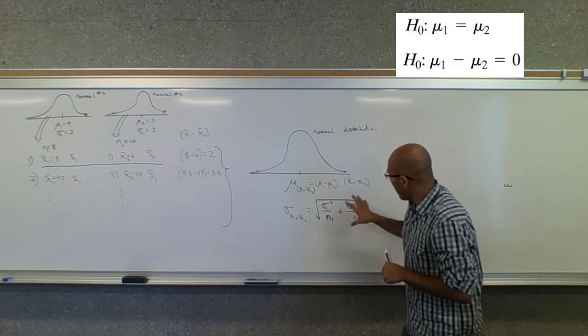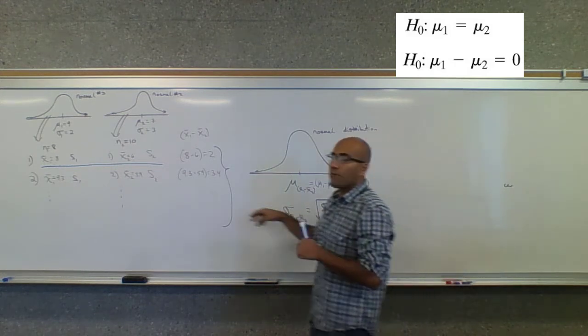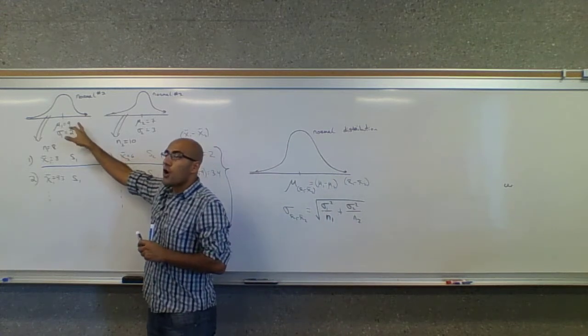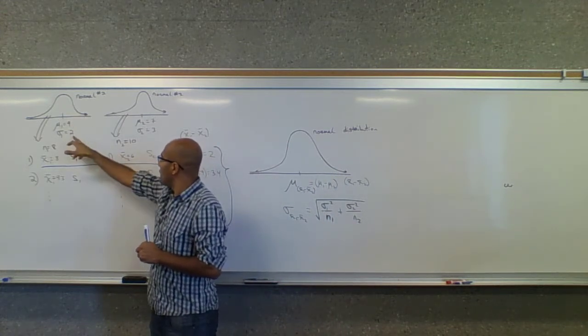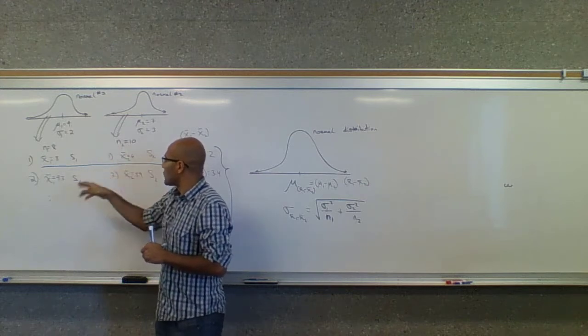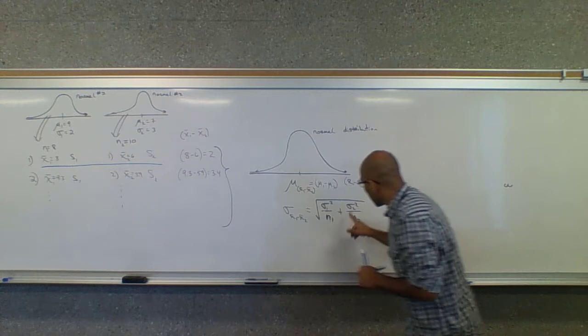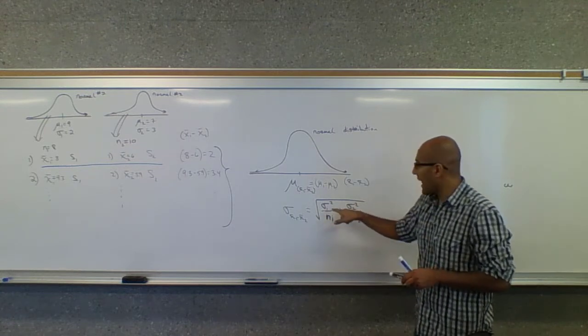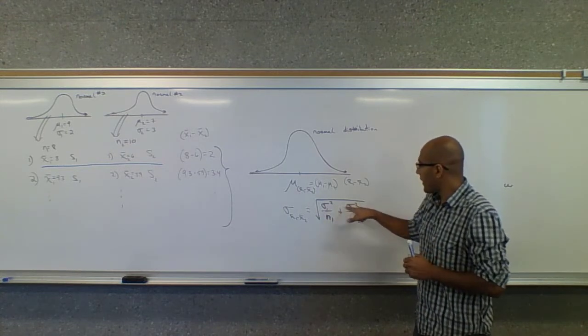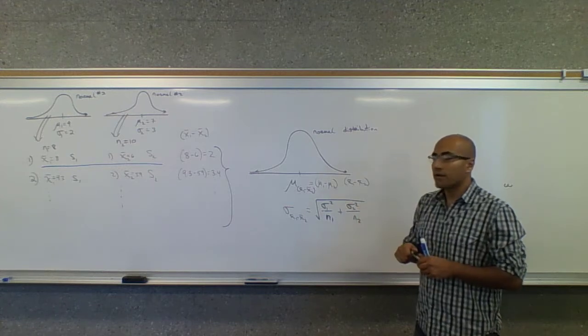All right? And now what about this? Well, just like before, since we don't know the value of mu or sigma for either population, we're going to use the information from our sample. And so for us, we're going to approximate it to be equal to s sub 1 squared over s sub 2 squared.